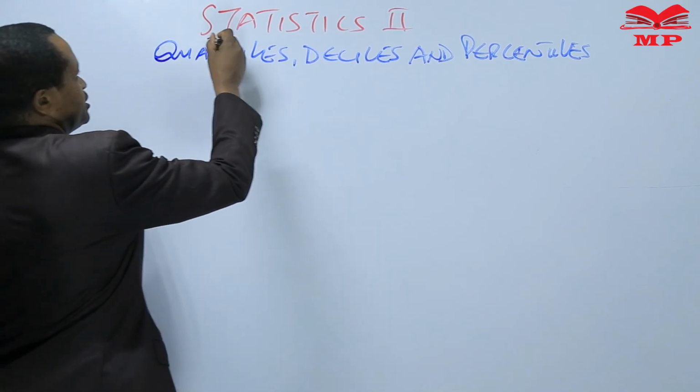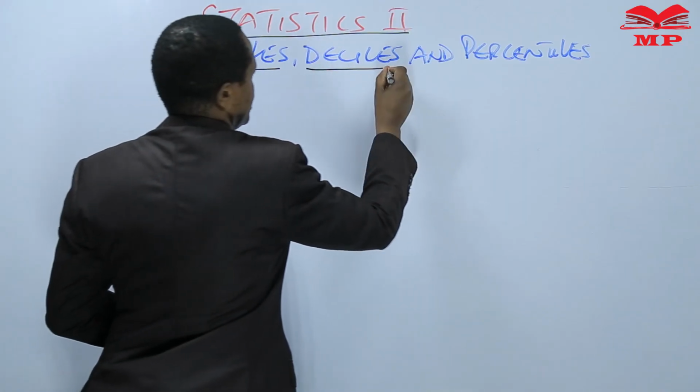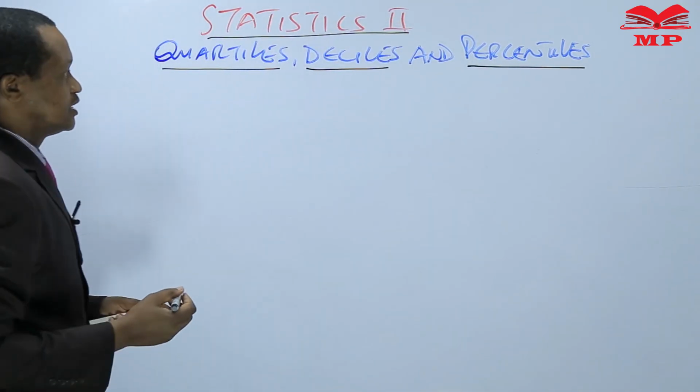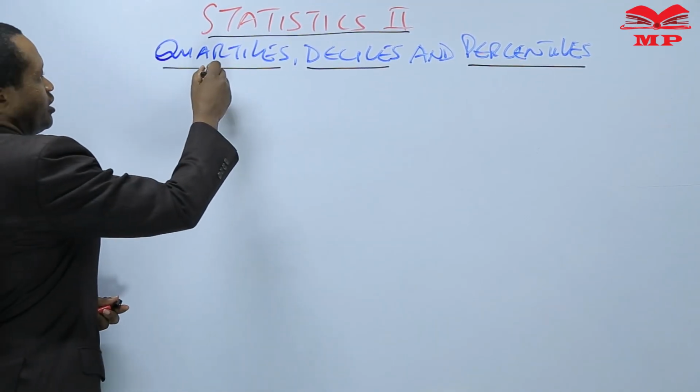These are three things: quartiles, deciles, and percentiles. Learners, in our last lesson, we defined quartile.